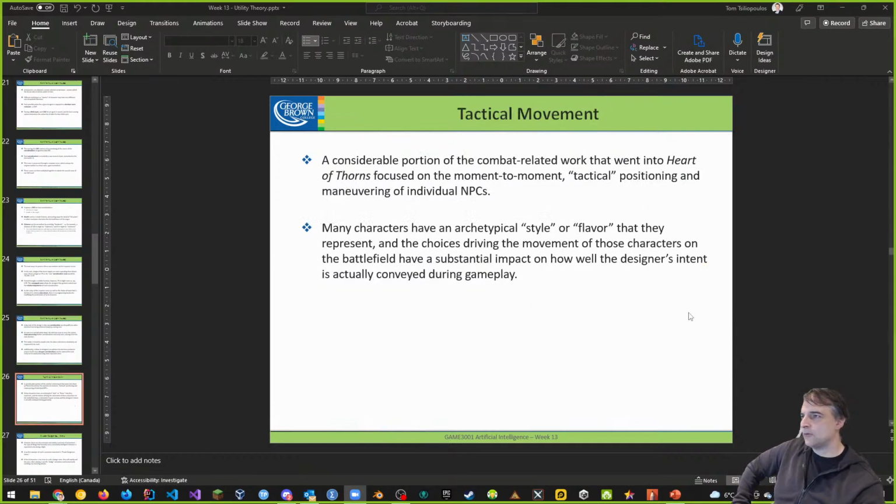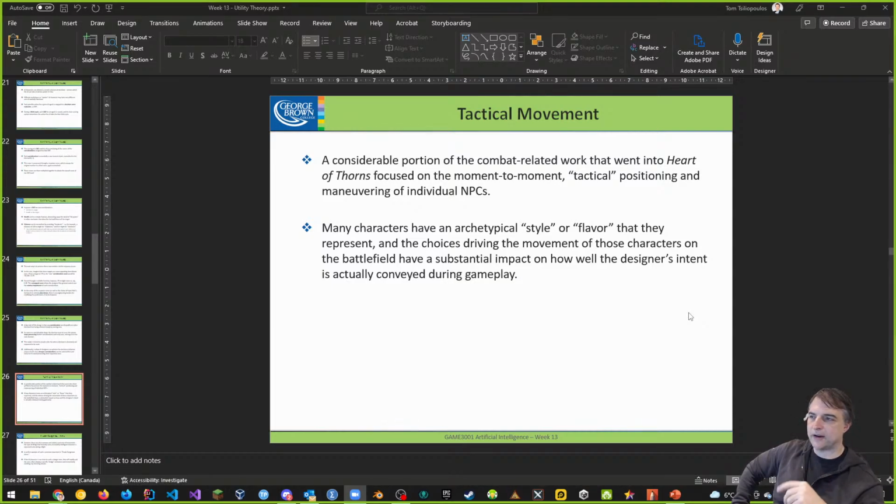A considerable portion of combat-related work that went into Heart of Thorns was focused on moment-to-moment tactical positioning and maneuvering of individual NPCs. So that's what they're going to talk about if you watch the video.